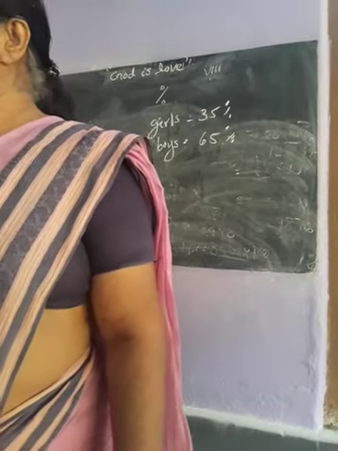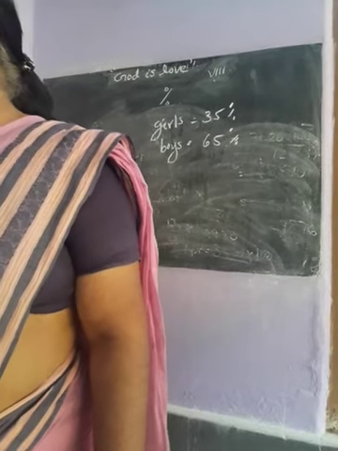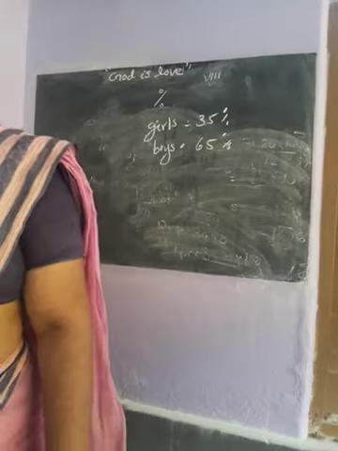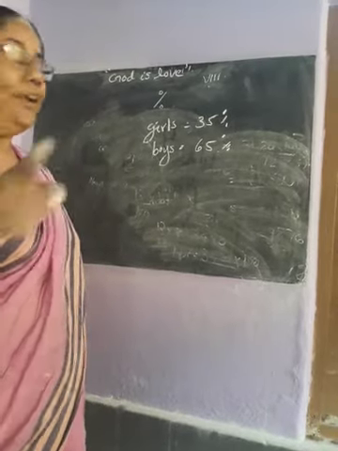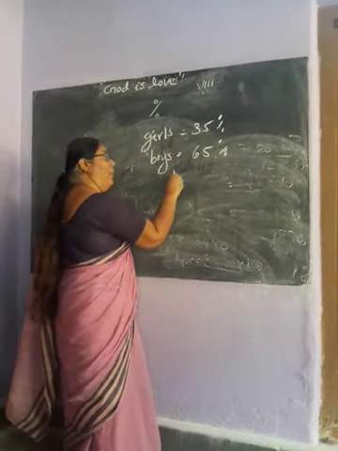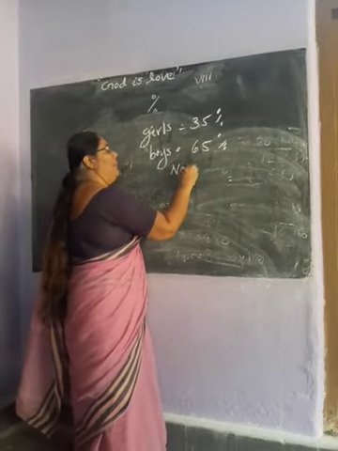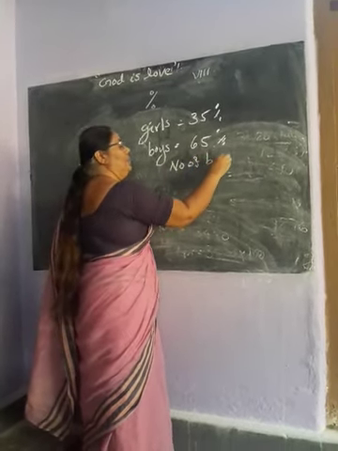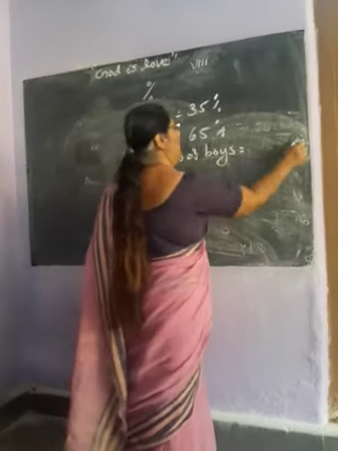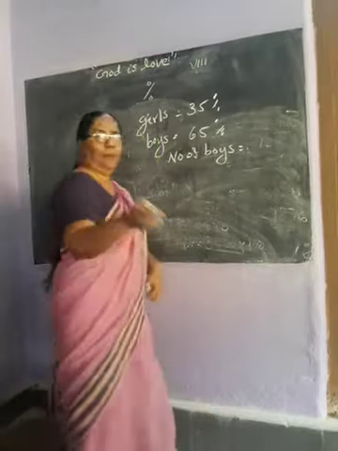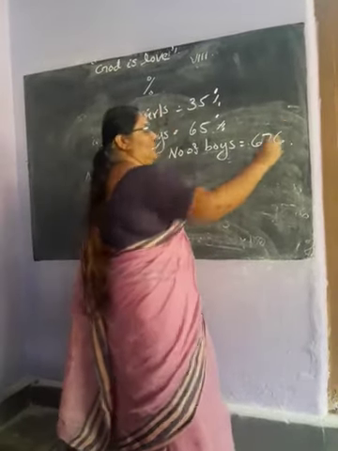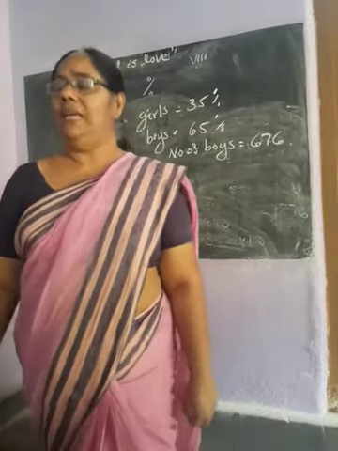Then what is given in the question? In a school, 35% of the students are girls and the number of boys is 676. Number of boys given. Therefore, 65% number of boys is, right? The steps, that is also very important. You write the steps. Number of boys given in the question is 676. Understand?